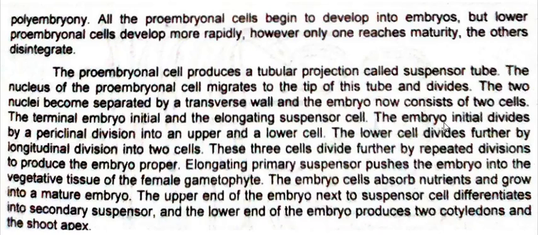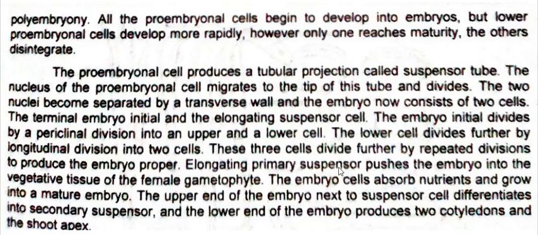The embryo initial divides by a periclinal division into an upper and a lower cell. The lower cell again divides further by longitudinal division into 2 cells, and these 3 cells divide further by repeated division to produce the embryo proper.